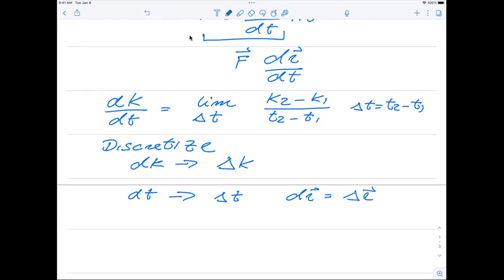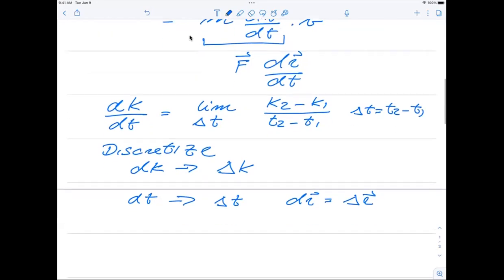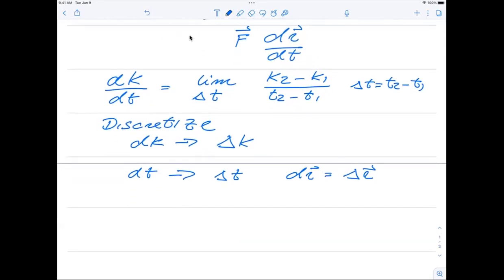So if we now look at the equations which we have, if we stay with this expression for the force, we can actually rewrite the force as well in terms of a delta v divided by delta t. But we can now keep this.